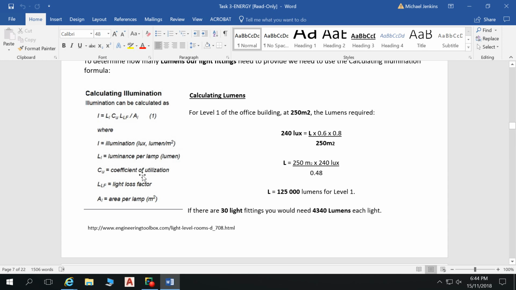That coefficient of utilisation relates to the light which is brought back and received by the eyes. So we're working in this position here. There's going to be a coefficient of utilisation for this particular task. We also have to think about the light loss factor.